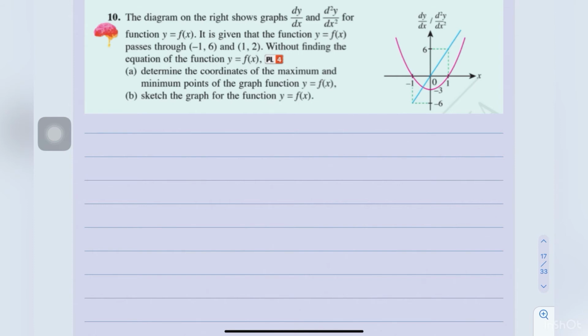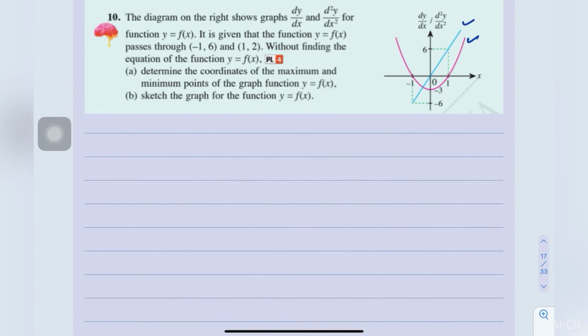Okay, first of all, from the graph, you can see two graphs, which are a straight line and a curve. The blue one is a straight line, the curve is the pink one. Either one is dy dx and the other one is d squared y dx squared. From our previous exercise, we already knew that when we have a quadratic and we differentiate, we get a straight line.